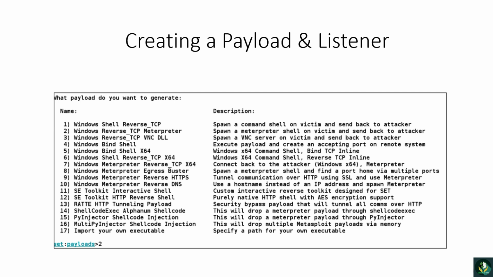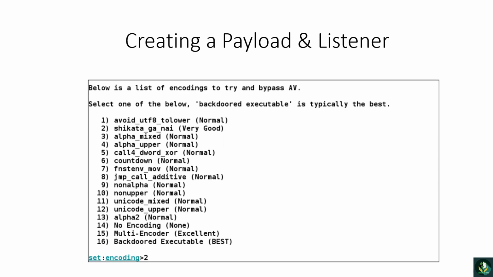Selecting the second option, we will choose the payload type to be the Meterpreter reverse TCP. We can choose the payload according to our requirement. This selected payload will spawn a shell at the target system and then send back the access to the attacker. However, let's see what the next option is as follows.